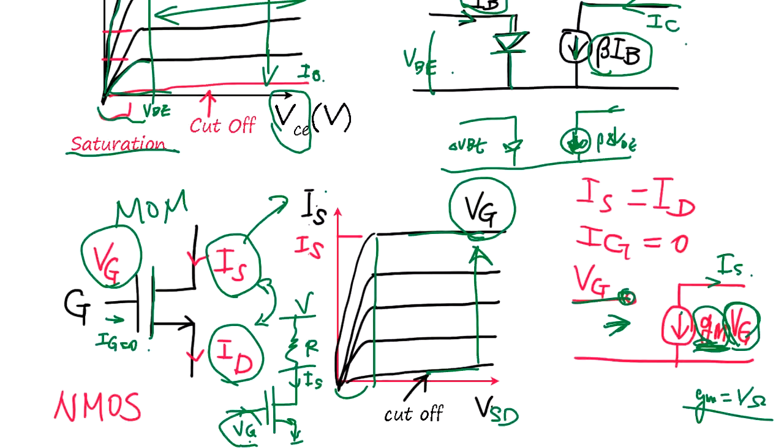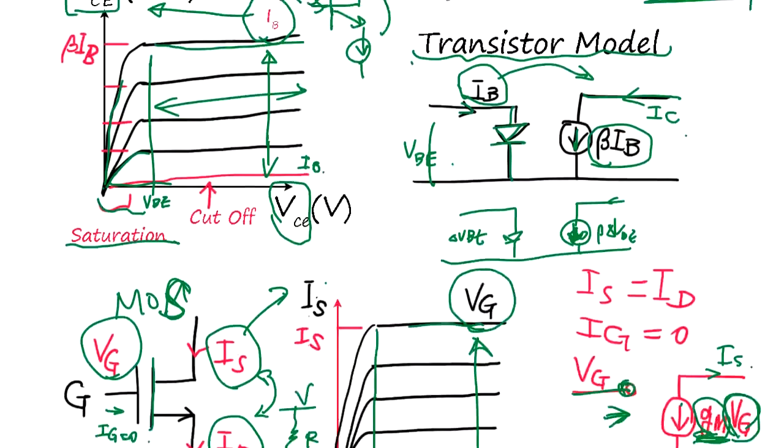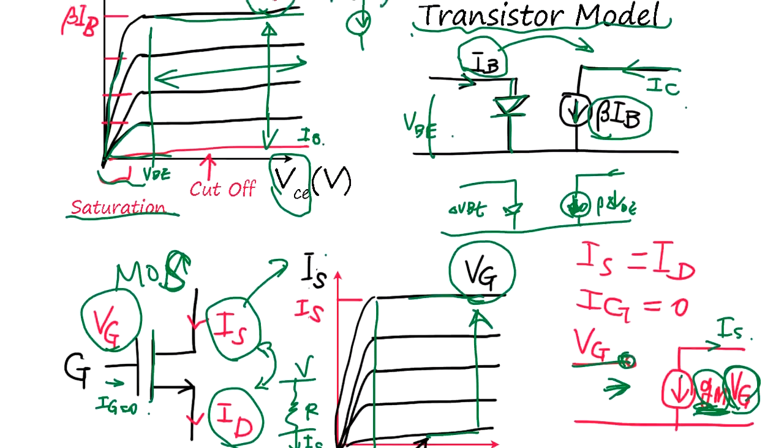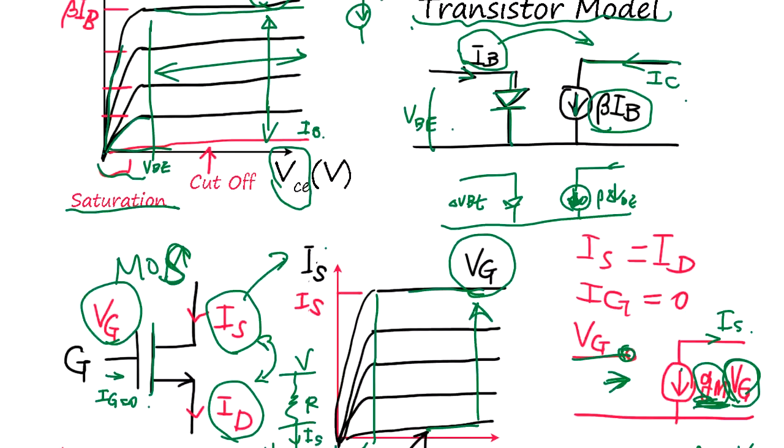So MOS or bipolar, it has a similar characteristic. The input dictates how much current goes through the transistor.